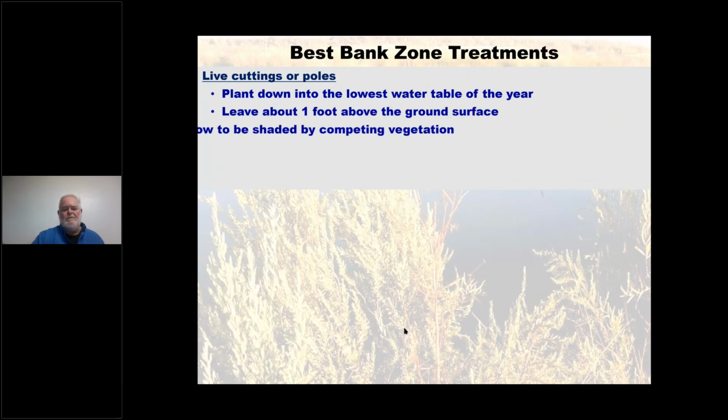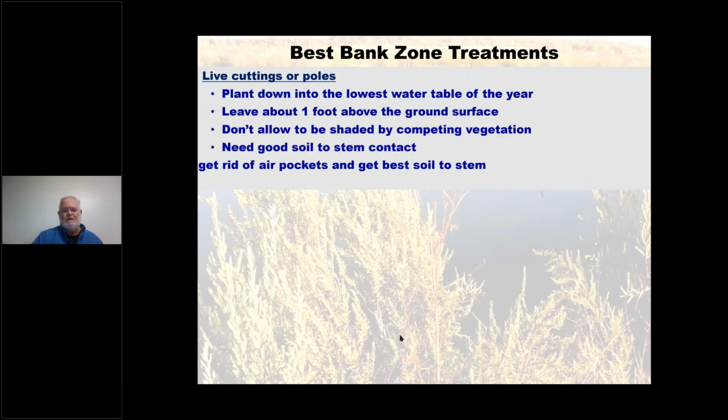Another bank zone treatment that I like are live cuttings or poles. I tend to not use the term anyway, so what you want to do is with these cuttings, you want to plant down to the lowest water table of the year, like I talked about. You want to leave about a foot above the ground surface, sometimes a little bit more.